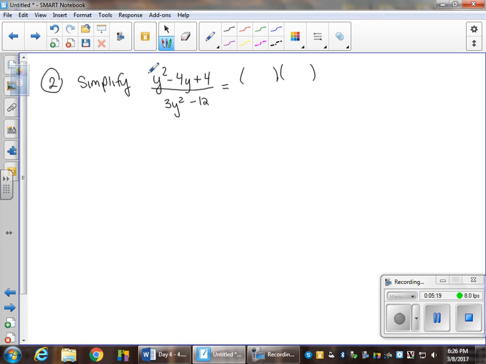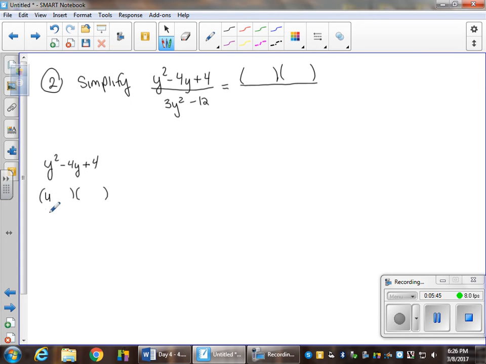I noticed I have 1, -4, and 4, so there's no greatest common factor that I can factor out. So I need two numbers that multiply to +4, but add to -4. If that doesn't just pop into your mind, on the side, we can factor, and then do our inner plus outer equals middle.